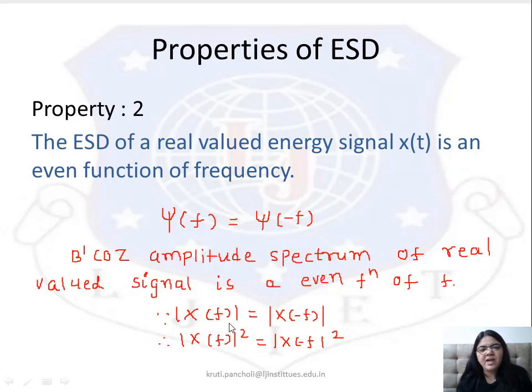So |X(f)| is equal to |X(-f)|. Now we square it: |X(f)|² is psi(f), the energy spectral density of this function, and |X(-f)|² is psi(-f).